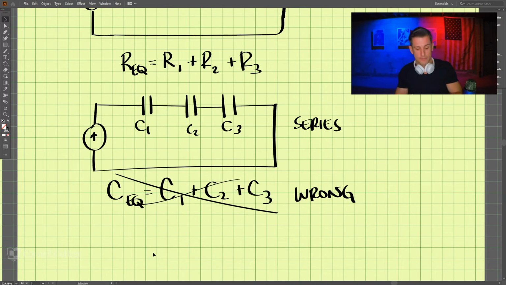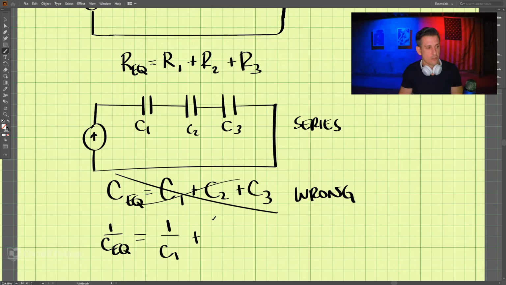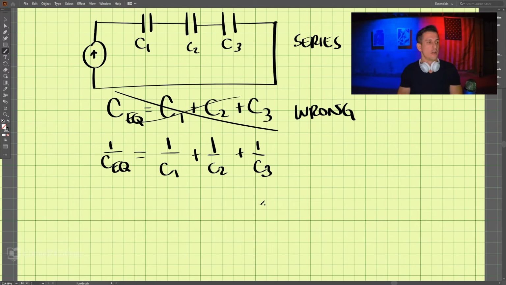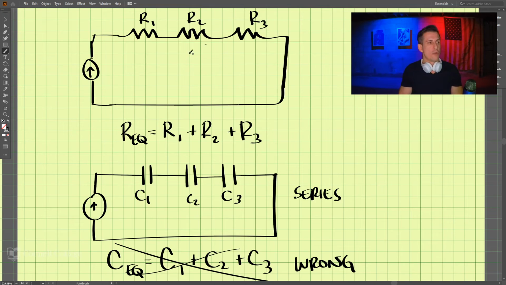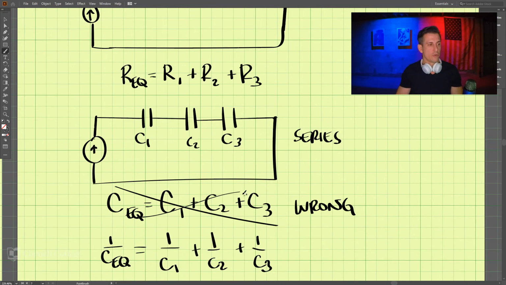So the equivalent capacitance is equal to 1 over C1 plus 1 over C2 plus 1 over C3. Okay, so we must add these together like resistors in parallel.